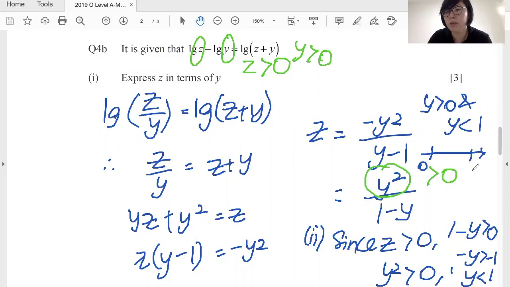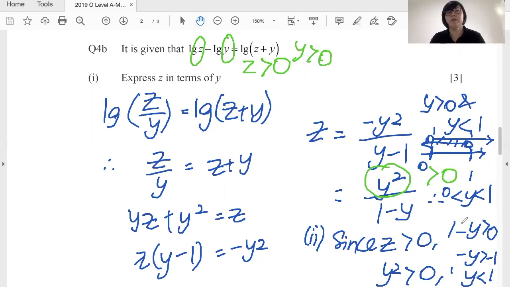This is 1. y has to be more than 0, this part here. y has to be less than 1, this other part here. So the area that's overlapping is this portion here. So therefore, we have shown that y has to be between 0 and 1. More than 0, but less than 1. So this is how we do the showing for this part.